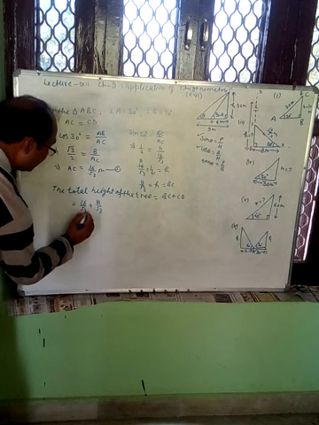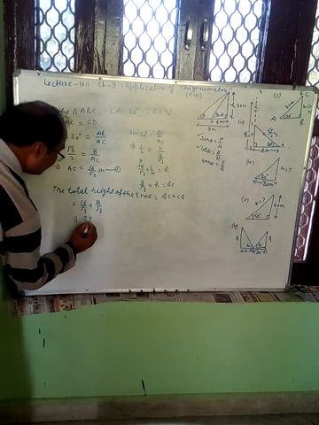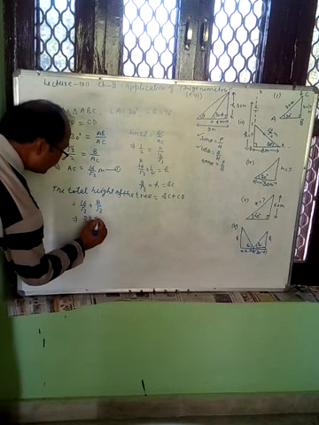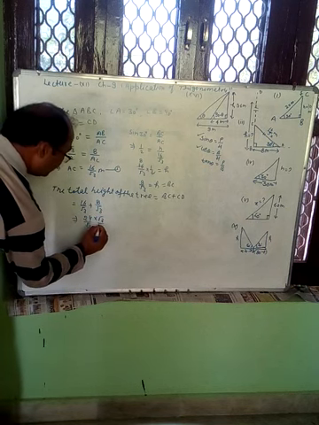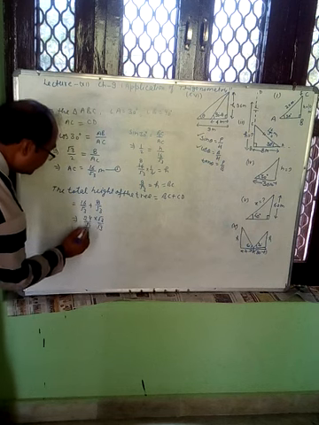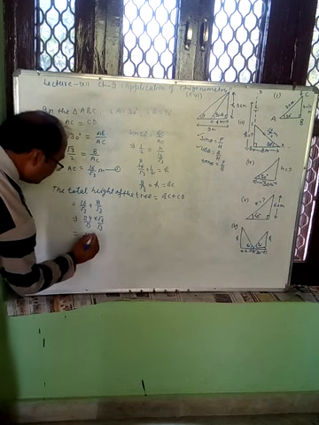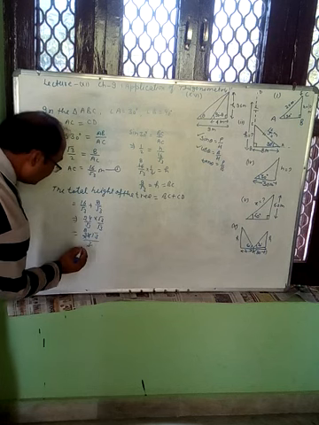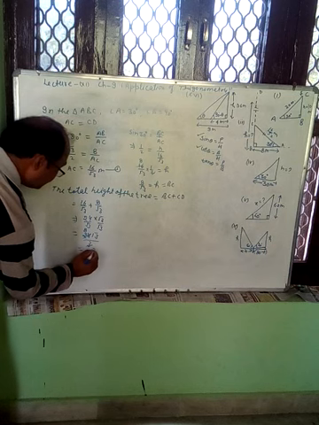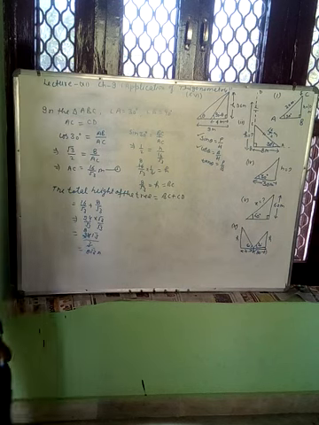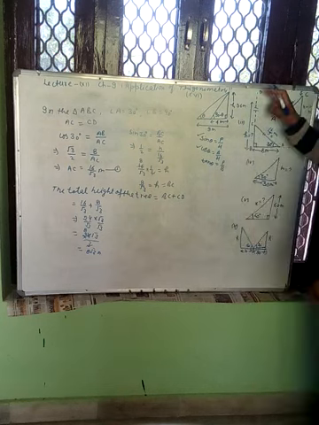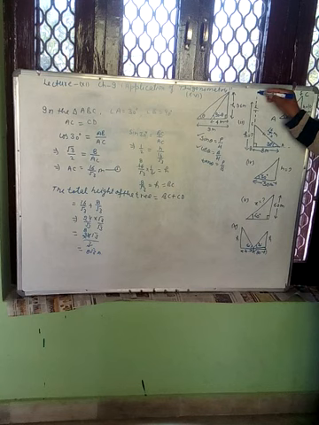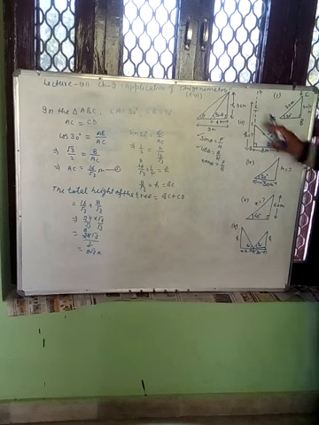This is 24 upon root 3. Now by multiplying root 3 in numerator and denominator, it is equal to 24 root 3 upon 3. 24 divided by 3 is 8, so 8 root 3 meter is the total height of this tree, from this point to this one.